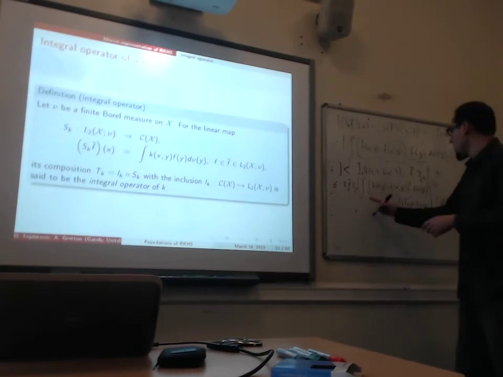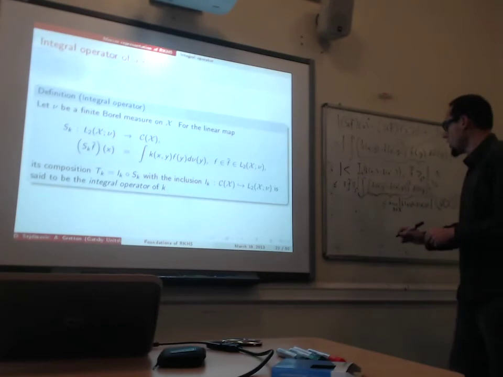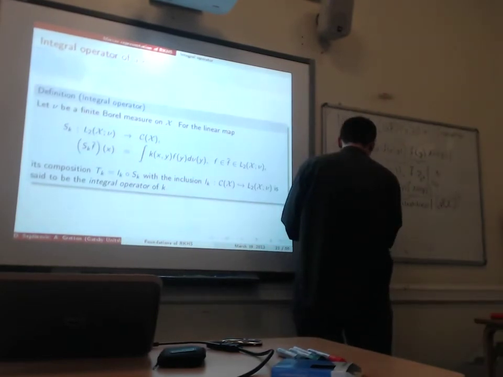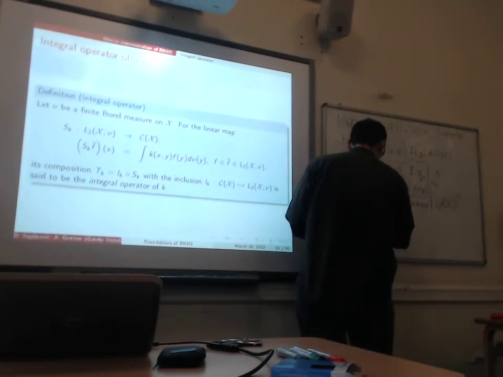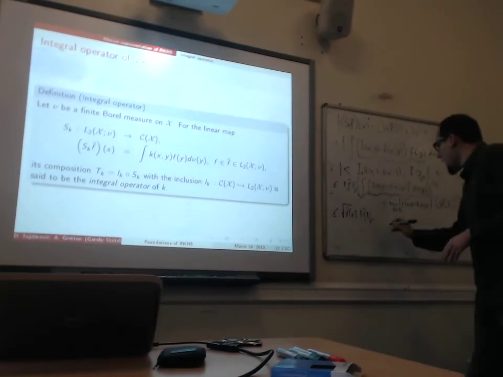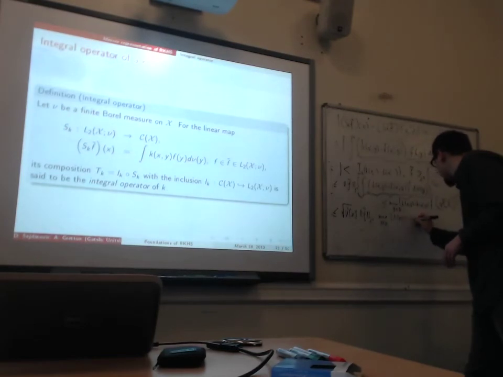Okay, so that's what this whole thing is less than or equal to. And so let us just write down what we have so far. We have the square root of nu(x) and the norm of f tilde in L2. And I have some max over y in x of |k(x,y) minus k(x',y)|.